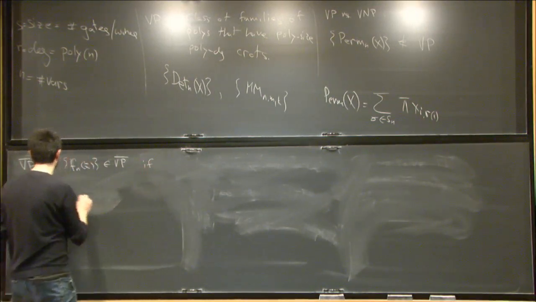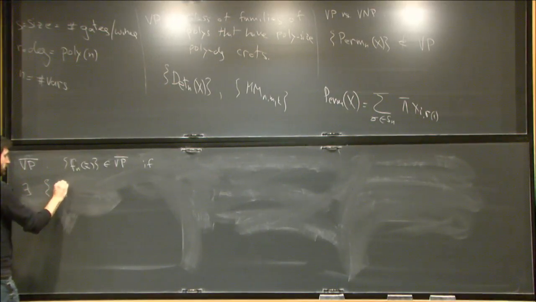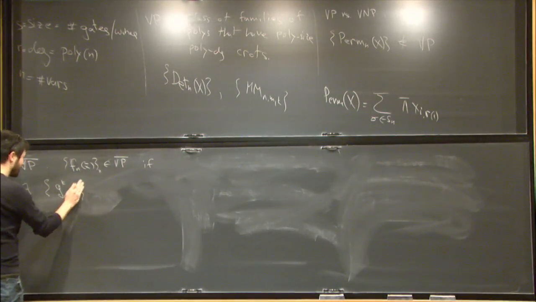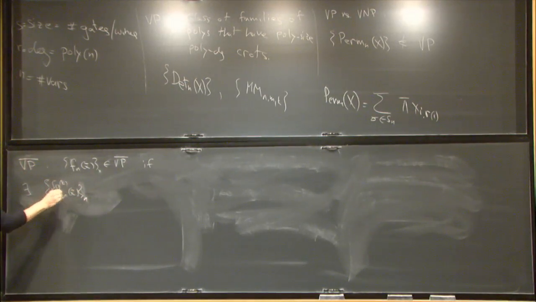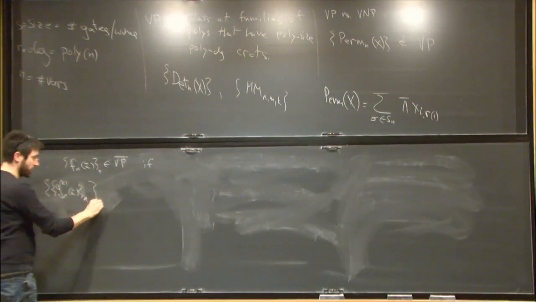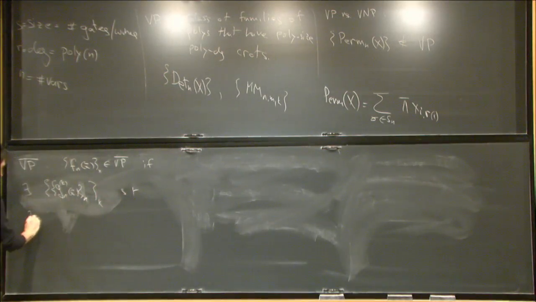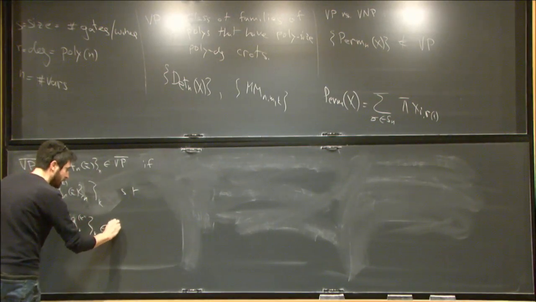If there exist g_k, where k is some index, so for each k, g_k(x) is a family of polynomials, and we have infinitely many families such that each family is in VP.